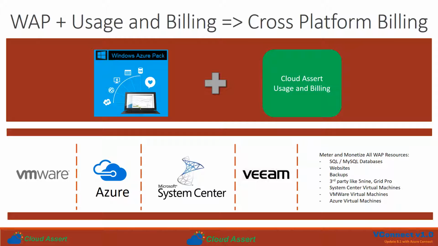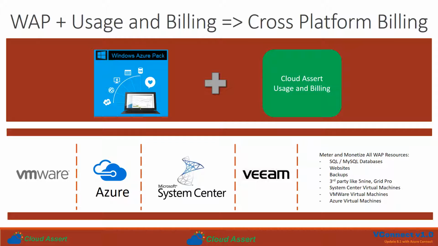Combining the vConnect solution with Cloud Assert's usage and billing, you can now monetize, meter, and put a pricing for all and any of WAP resources, such as SQL and MySQL databases, websites, your backups that are enabled through our Veeam integration, and you can also monetize your service offerings for third-party resource providers such as Five9 Security Package or GridPro's Request Management.